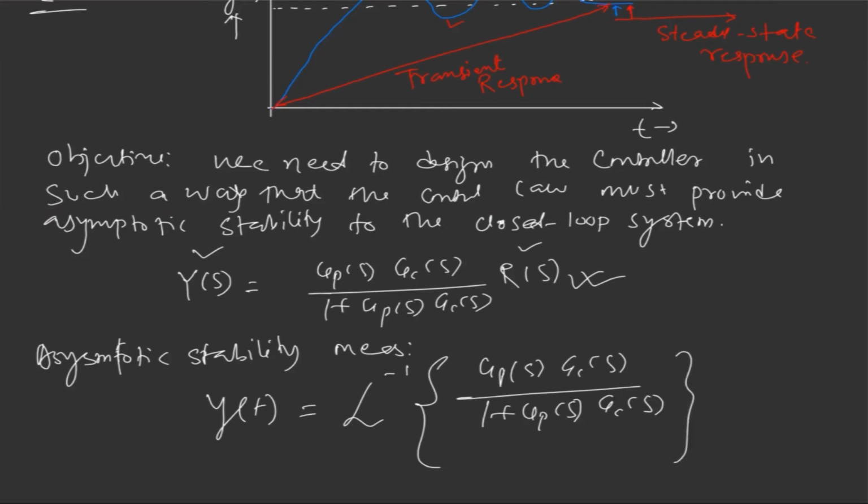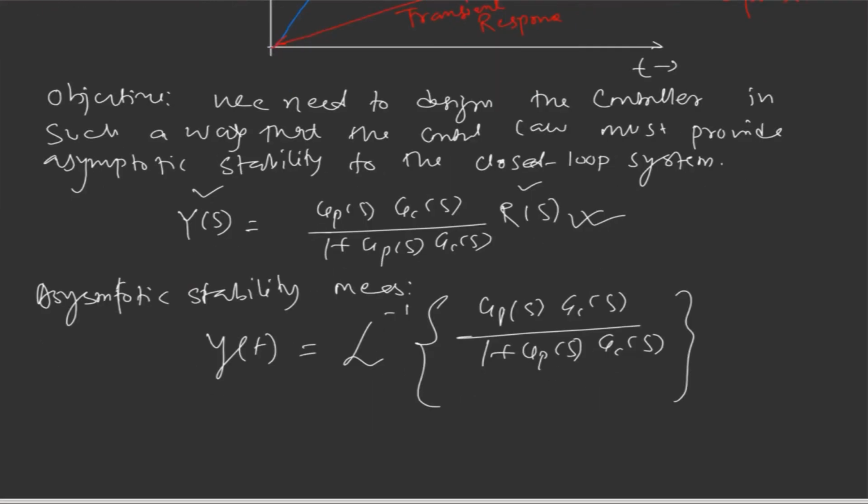So the system has been transformed into the time domain from the frequency domain. Now, we need some kind of specification which will help the system follow asymptotic stability.